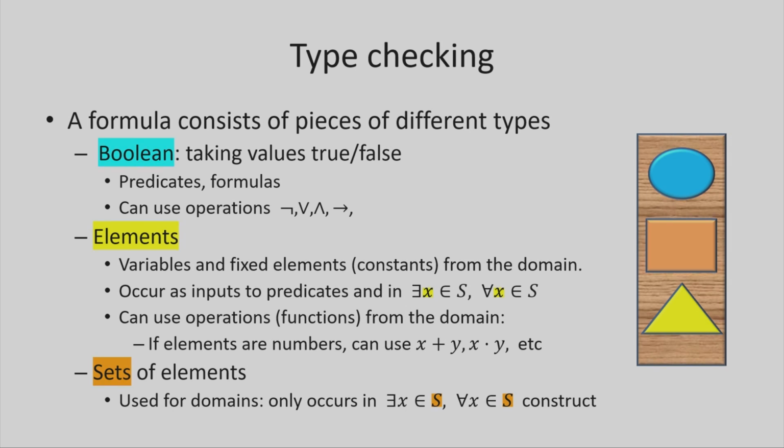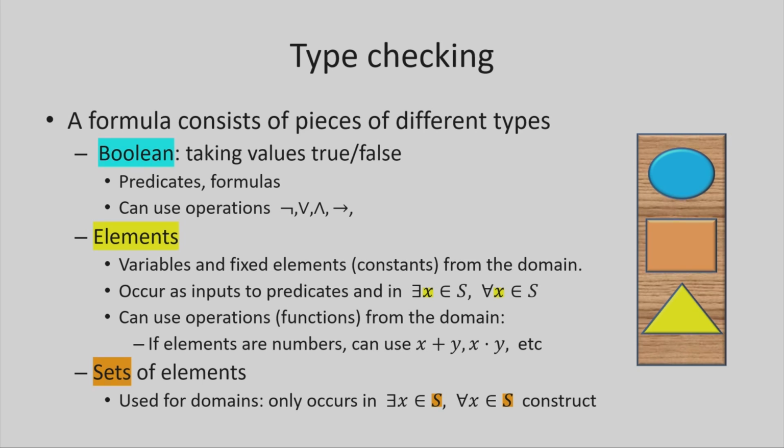And sometimes when people write a formula, when it's pretty clear what the domain is, they will even omit the "in S" part of the quantifier construction. But just for simplicity right now, let's not take the shortcut and talk about the quantifier as there exists x in S, which is where you will see something that's a set.